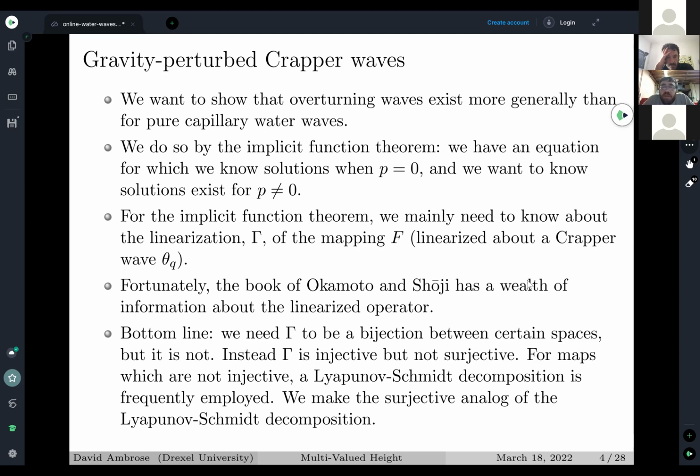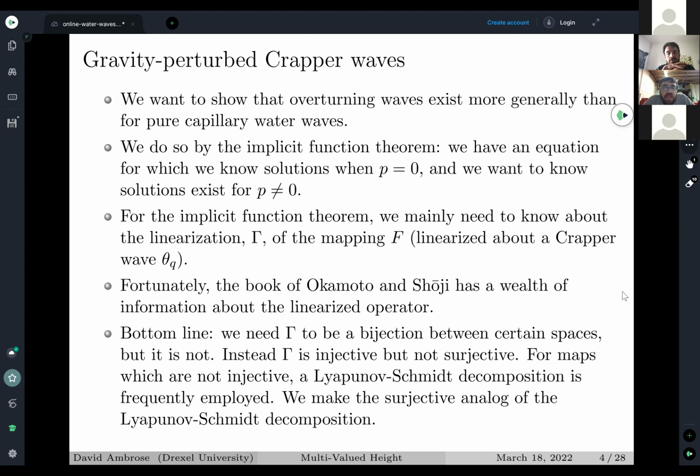So we can do that by the implicit function theorem, and what we need to know about for that is the linearization gamma of that mapping F. So we need to linearize about a Crapper wave. And again, this actually was not a lot of effort for us to do because the book of Okamoto and Shoji has so much information about the Crapper waves and the linearization of the mapping.